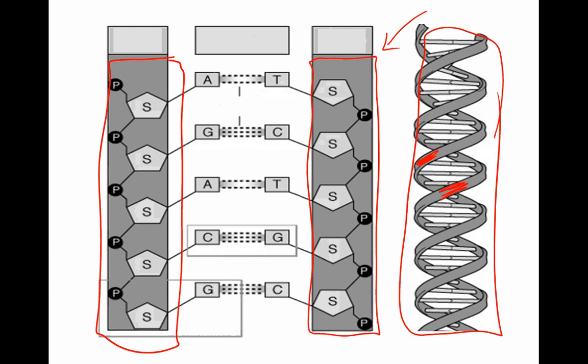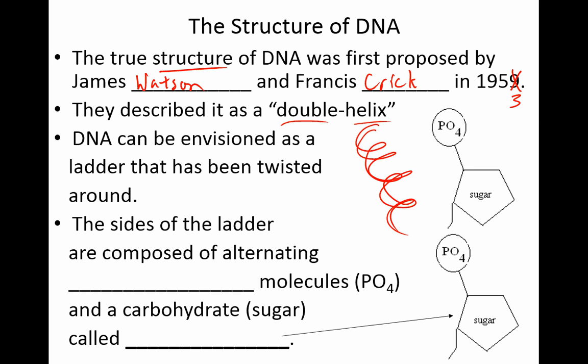And those two bands are called sugar phosphate backbones. Clever name, isn't it? I know. So the sides of this ladder are composed of alternating phosphate molecules, or as a chemist would write them, PO4.